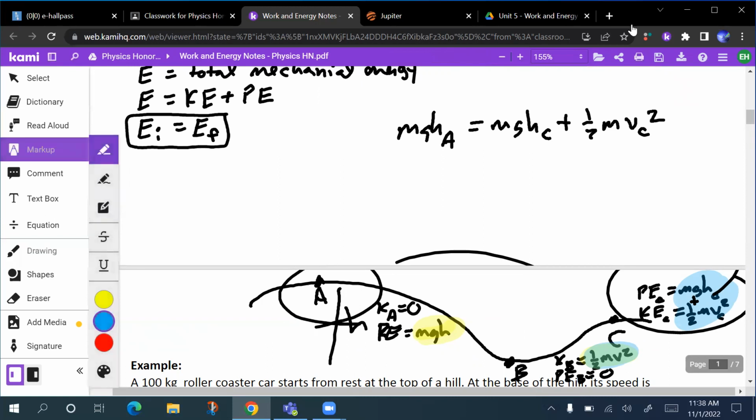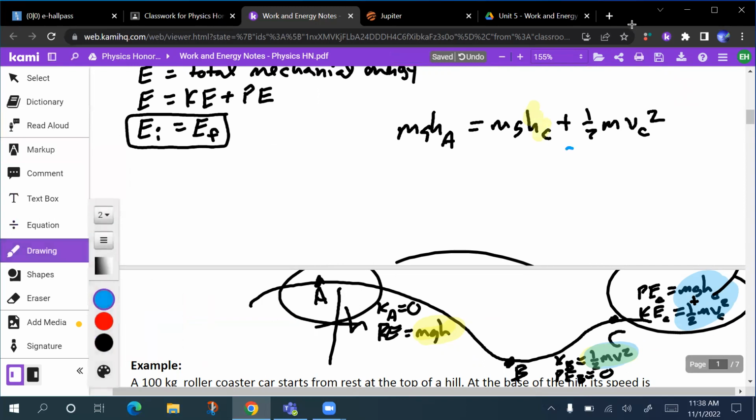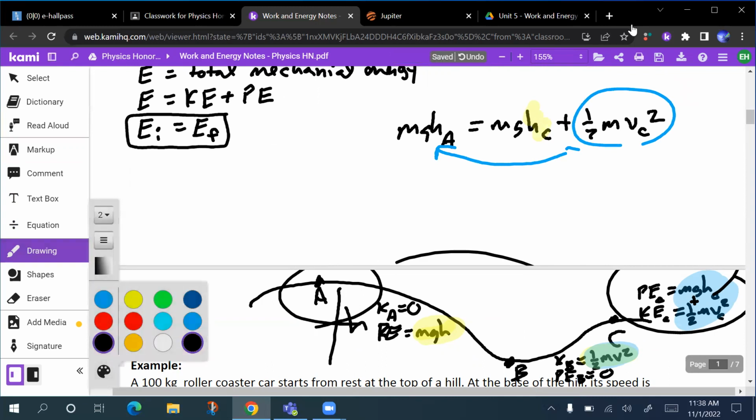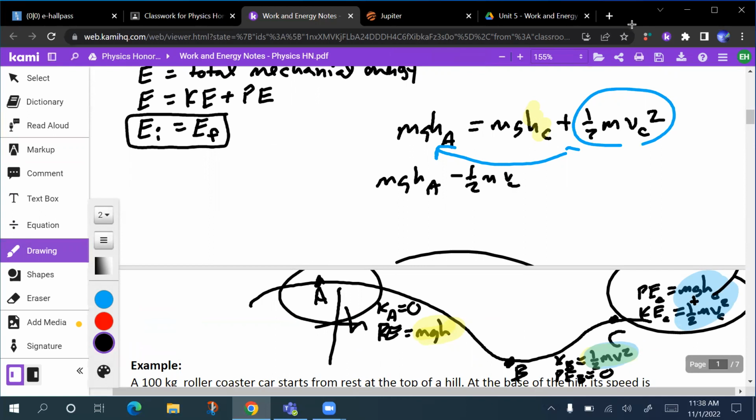And again, remember what you were solving for. You were solving for hc. So I'm going to subtract this term over to the left, divide out the m's. So I have mgha minus 1/2 mvc squared equals mghc. The masses will cancel. Divide by g. And you can see height C is going to be height A minus v squared over 2g, specifically vc squared.